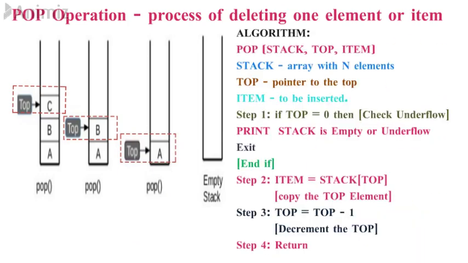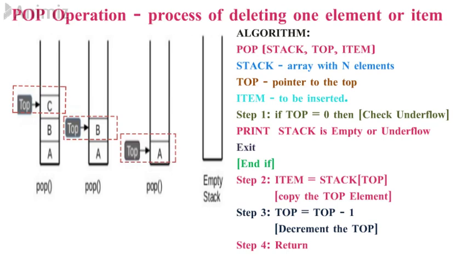Next, it is the algorithm for pop. When you go for the algorithm for pop, you need 3 parameters: stack, top, item. Stack is the array with n elements in which you are going to insert. Top is the pointer, the position in which you are going to insert or delete. Item is the item which you are going to insert. Now we have to check whether your stack is empty. Check if top is equal to 0.